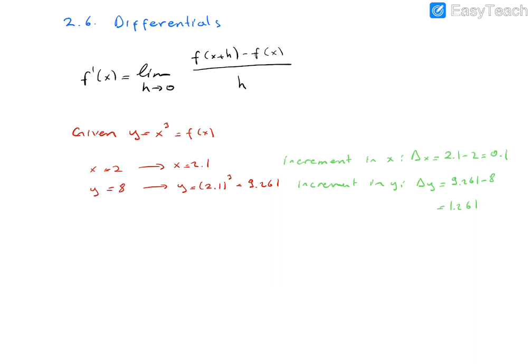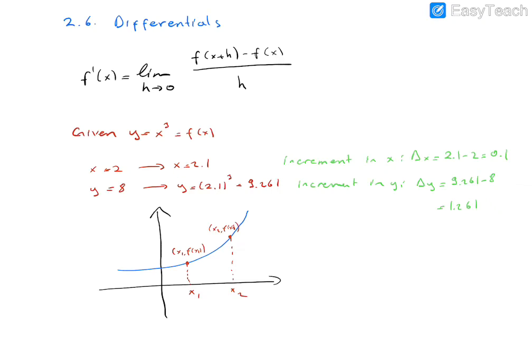Let's discuss this increment geometrically. For this graph, symbolically I show that. This is the point x1, this is the point x2, like the 2 and 2.1. So this point is x1 comma f of x1, and this point is x2 comma f of x2.